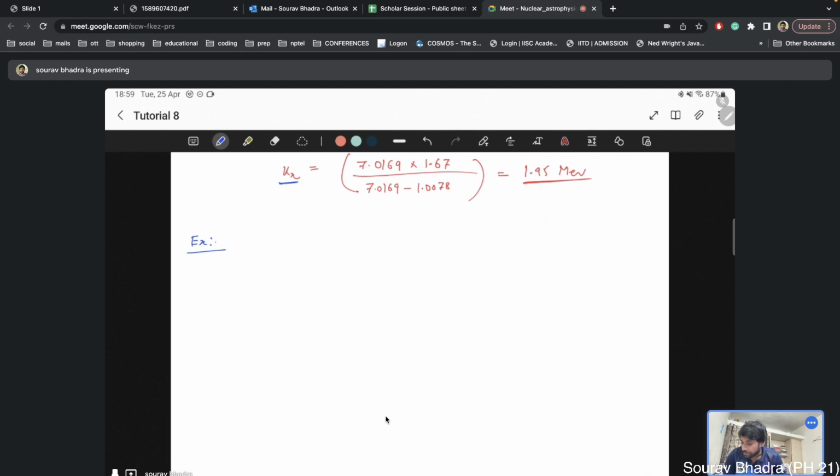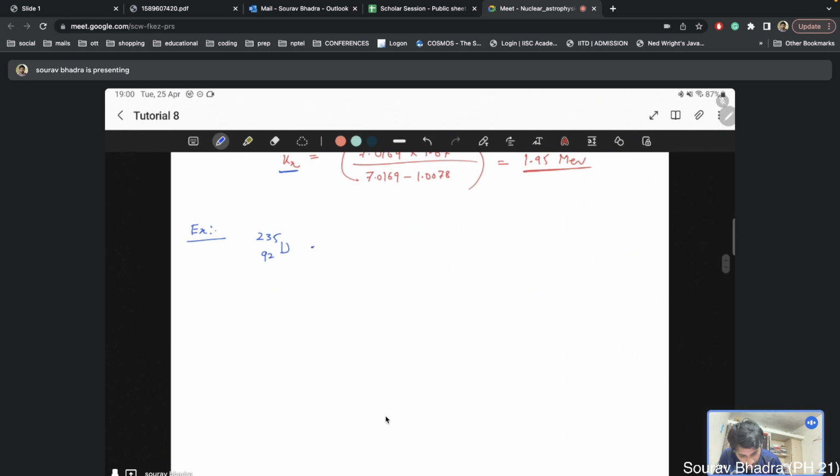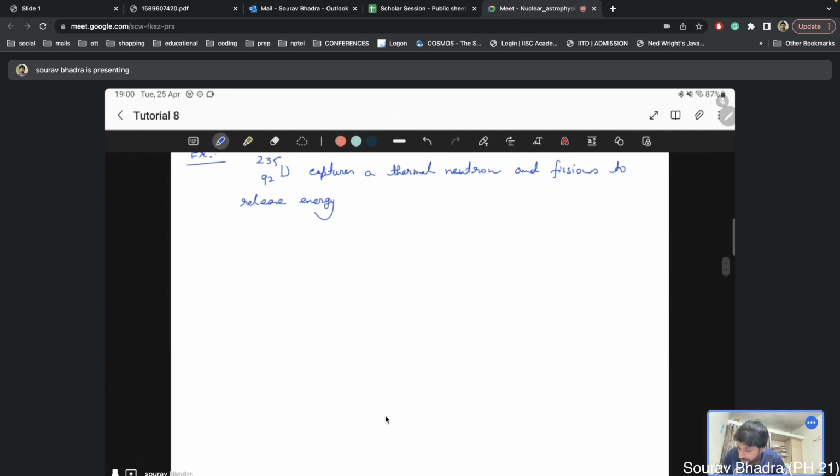So this problem tells that uranium-235 captures a thermal neutron, that means a neutron induced reaction, and fissions to release energy of 180 MeV.